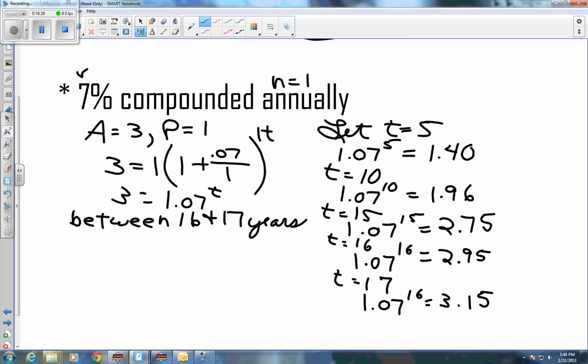Or you could say about 16 or about 17. You'll know when you look at those types of questions. So when you get to those problems, use a little bit of guess and check. Okay? Any questions?